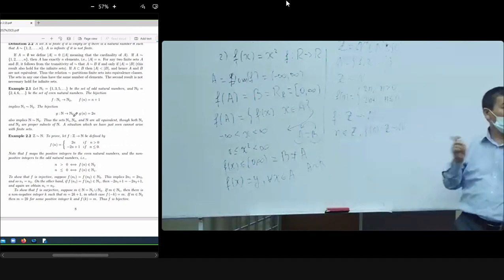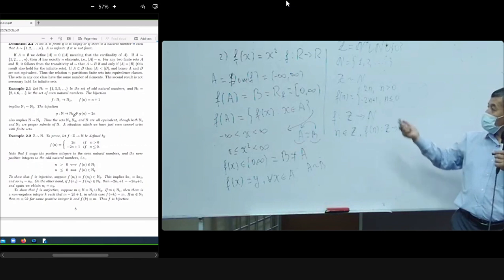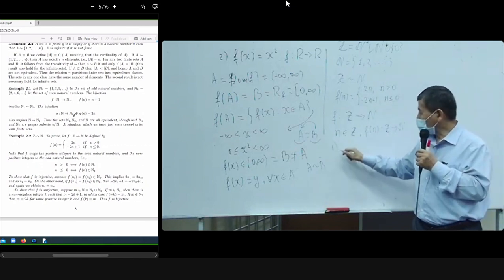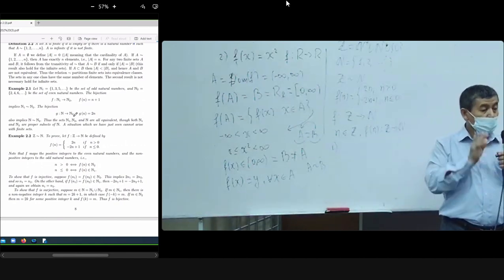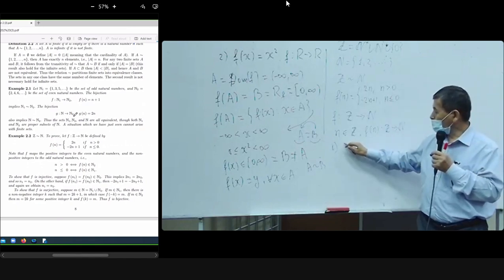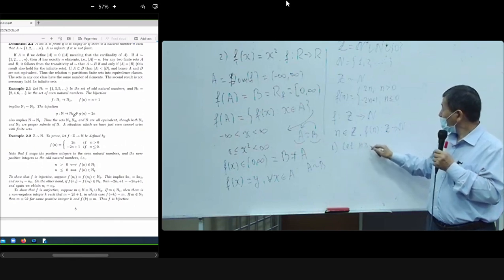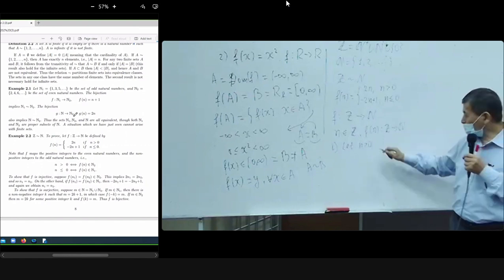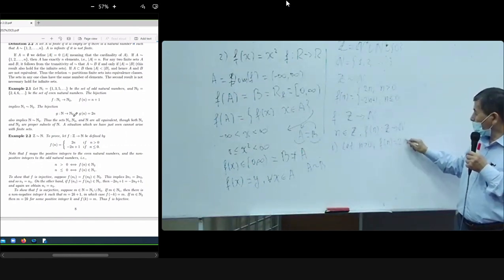Now how to show that this one is a bijective function? First we have to show this function is bijective. To show the bijectivity, let n be strictly positive. If strictly positive, then f of n is equal to 2n.